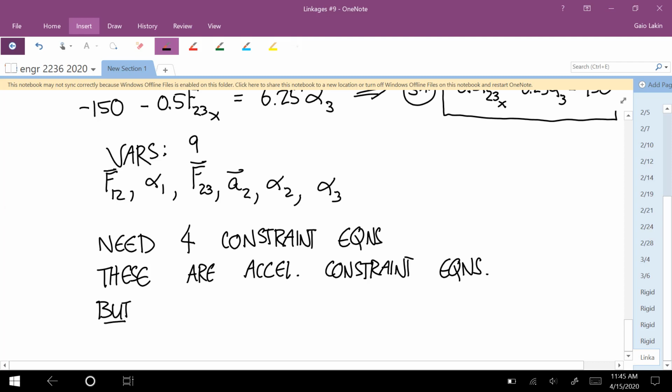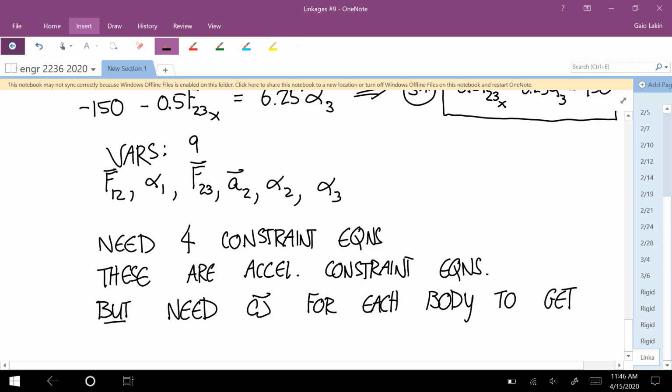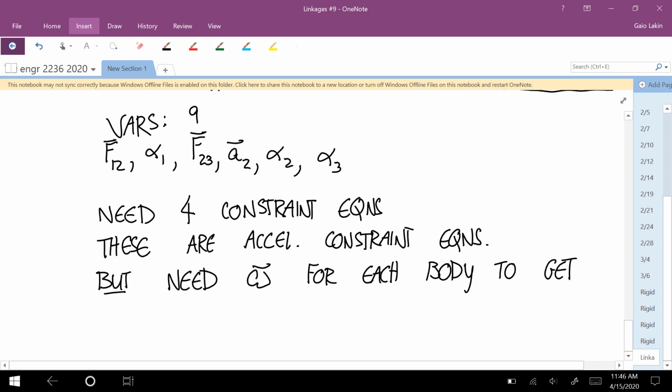But to come up with expressions for the accelerations, we're going to need to know the angular velocities of all these bodies. You know, to get expressions for those accelerations.